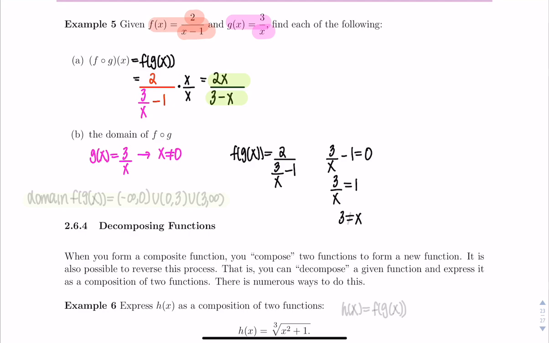So we have two things that we can't have. We can't have 0 and we can't have 3. So the domain of my composite function is negative infinity to 0, union 0 to 3, union 3 to infinity.